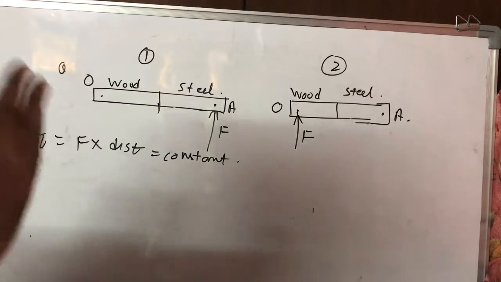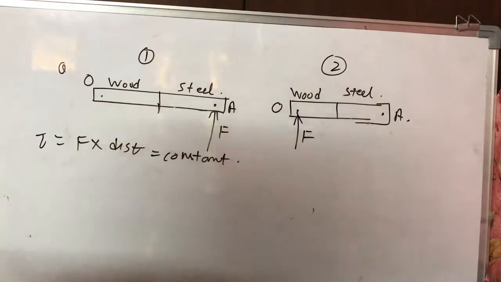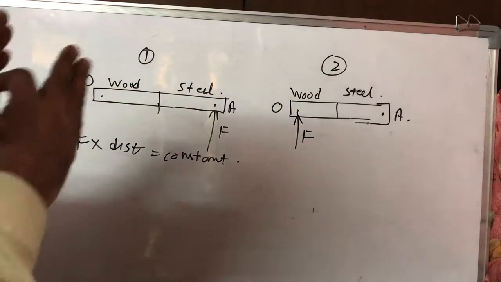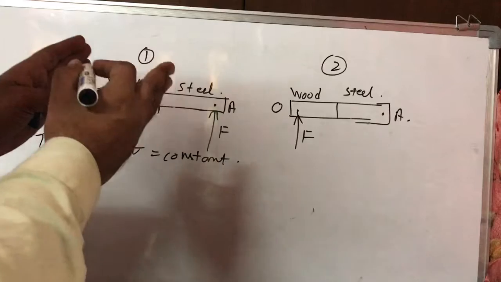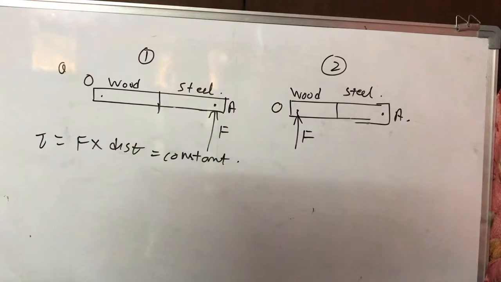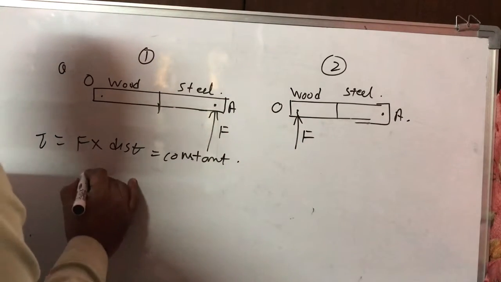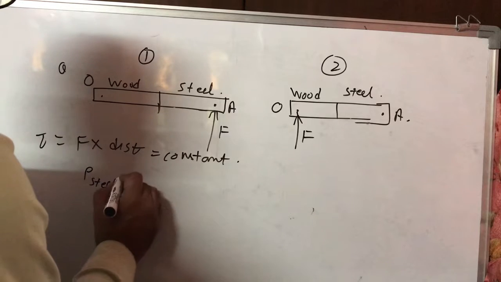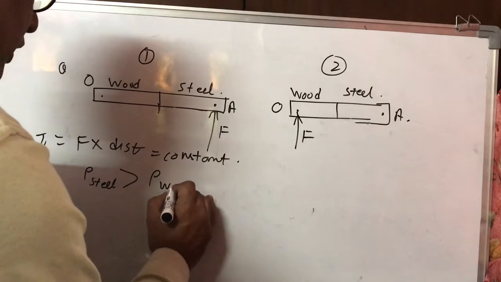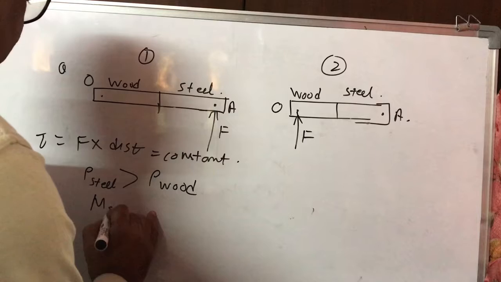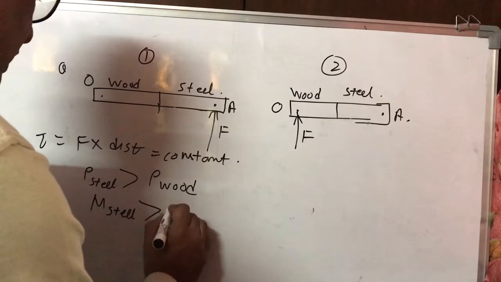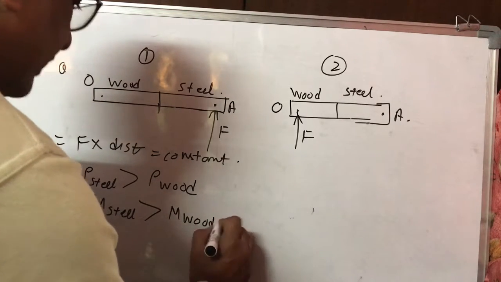So I can say that the volume of wood is equal to volume of steel. But since the density of steel is more than the density of wood, the mass of steel is more than mass of wood. Definitely we can say this.